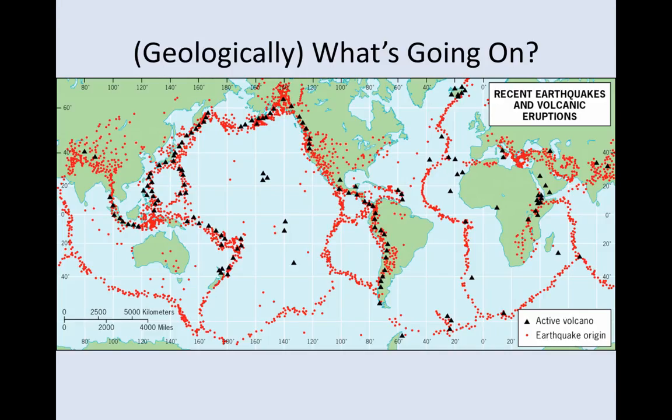But if we take a look at a map of interesting geologic phenomena, we can see that these look pretty similar. A whole lot of the earthquakes and volcanic eruptions are taking place near the plate boundaries on the map that we saw before. So let's think about what's going on and how this theory of plate tectonics came to be and how it can explain things.